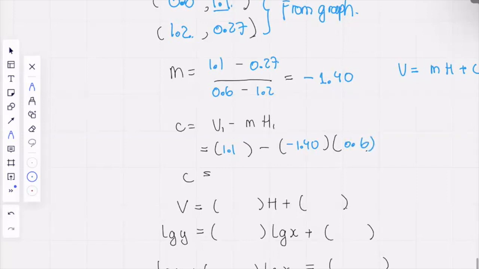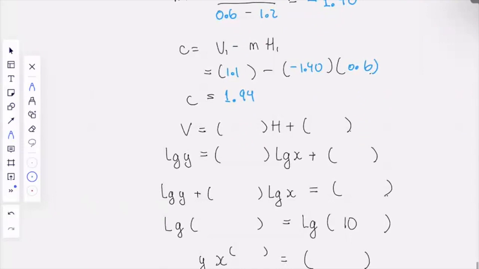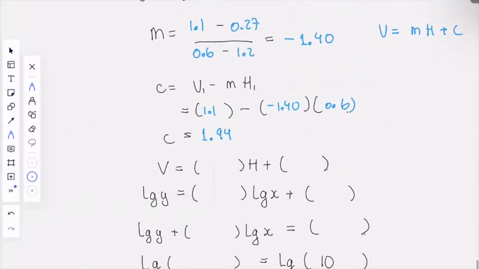Then we just calculate it. So this negative and negative is positive. You get 1.94. Then we find the equation. Because we have m and c, v is equal to negative 1.4 h plus 1.94, which is c.